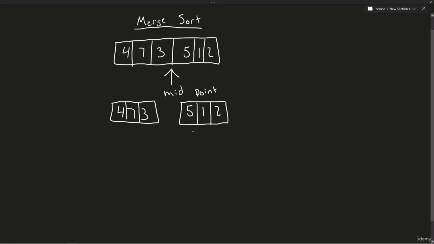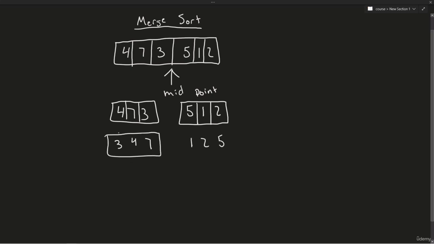Again, this is very high level, and we will go over it in more depth after we get this high level view out of the way. So now we have divided our initial array, and now we want to conquer, aka sort it, and then merge it back together. So now we sort it: 3, 4, 7, and then 1, 2, 5.